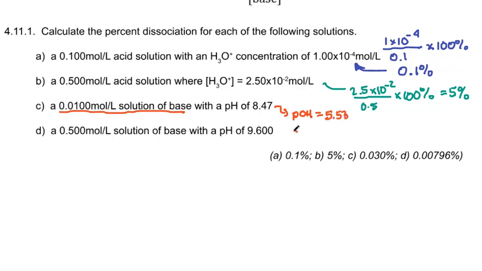I care about that because the hydroxide concentration is 10 to the minus pOH, so it's 10 to the minus 5.53, which I will now calculate. 10 to the power of negative 5.53. I get 2.95 times 10 to the negative 6 as the hydroxide concentration.